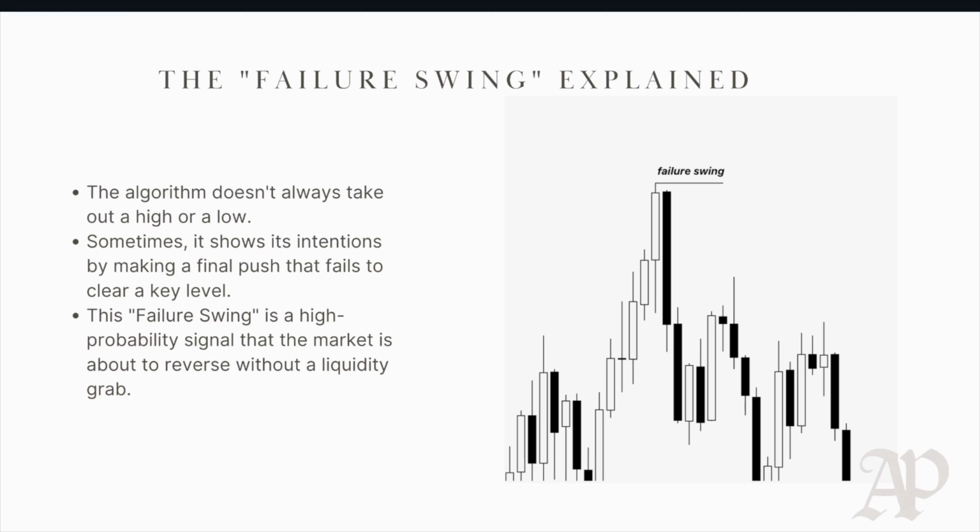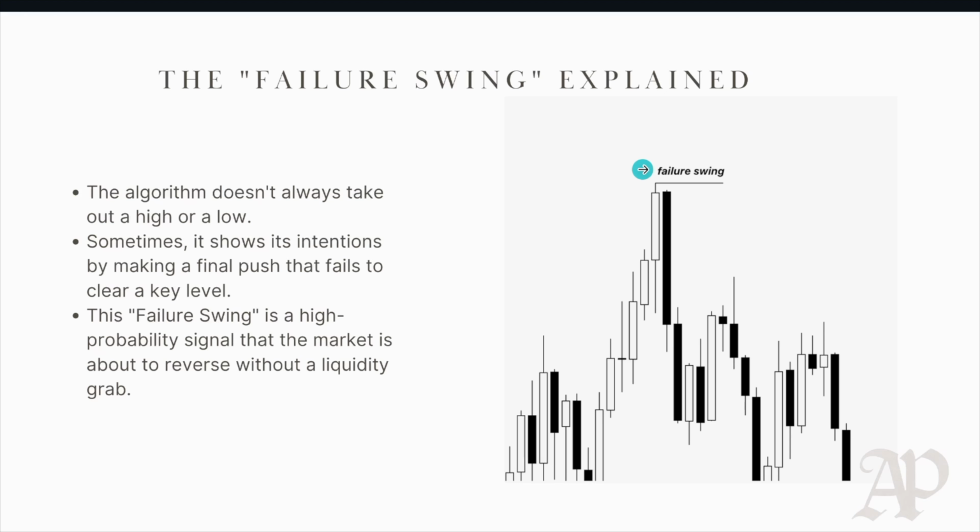It can happen because of an SMT. That's the first thing. The second thing, it can happen because it's the end of a time period. So it can be an hourly candle or a 2-hour candle, and it just fails to create a higher high or a lower low. Those are the main two things.